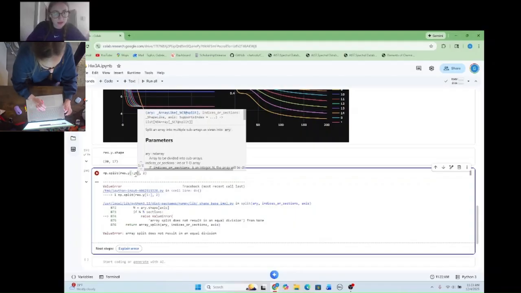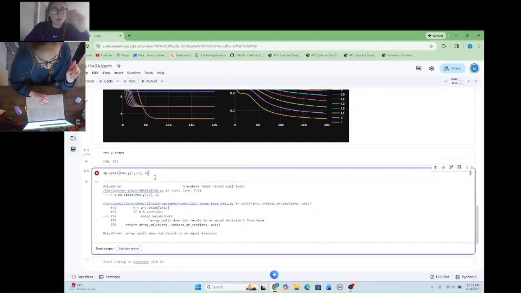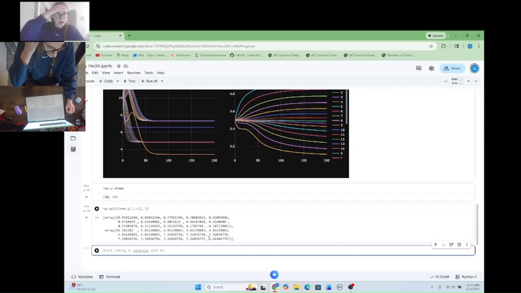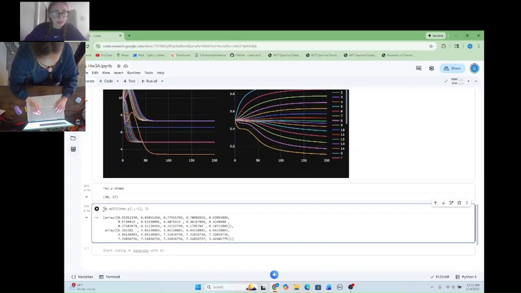So we have to put a comma here, -1. We want to get the last one because we are going to repeat the first one. Good. See, this is what our distillation is right here. So then after this, we're going to split this up into, so when this splits up to it, it's going to be XS and MS. So our moles and our X's.